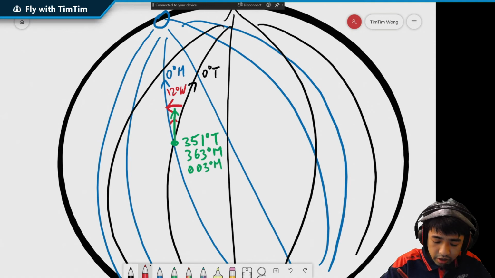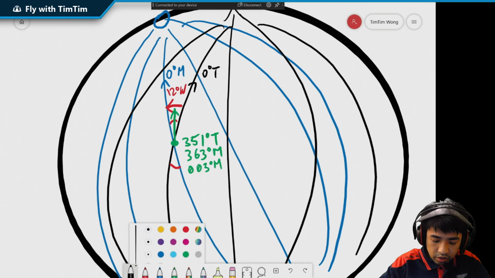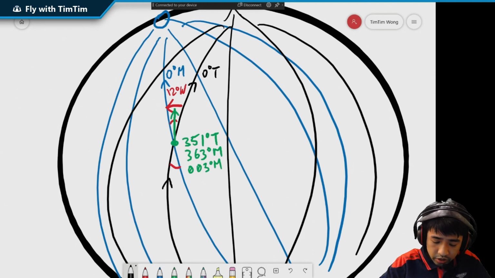Even if you look at this side, you need to go from north, not south. So you can draw parallel blue lines. If you take this green point as an example, you look at this angle.